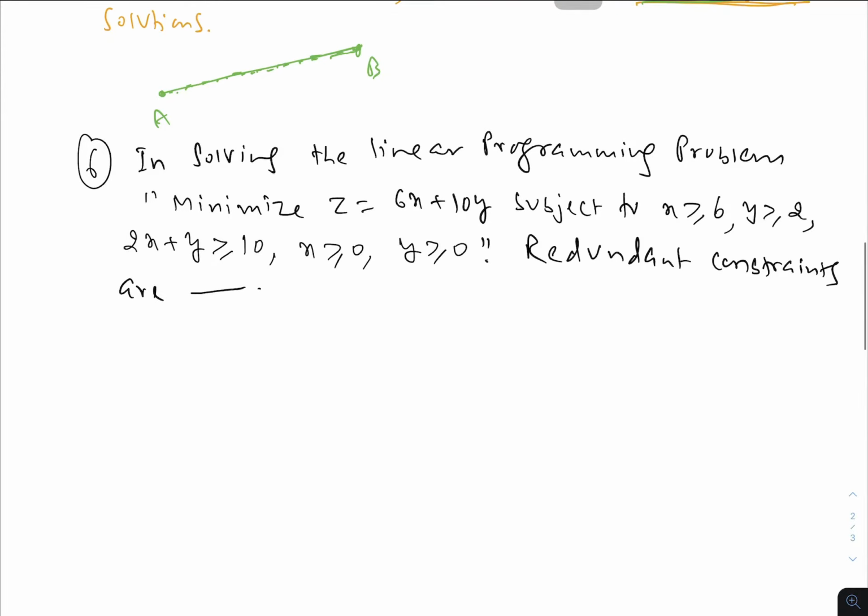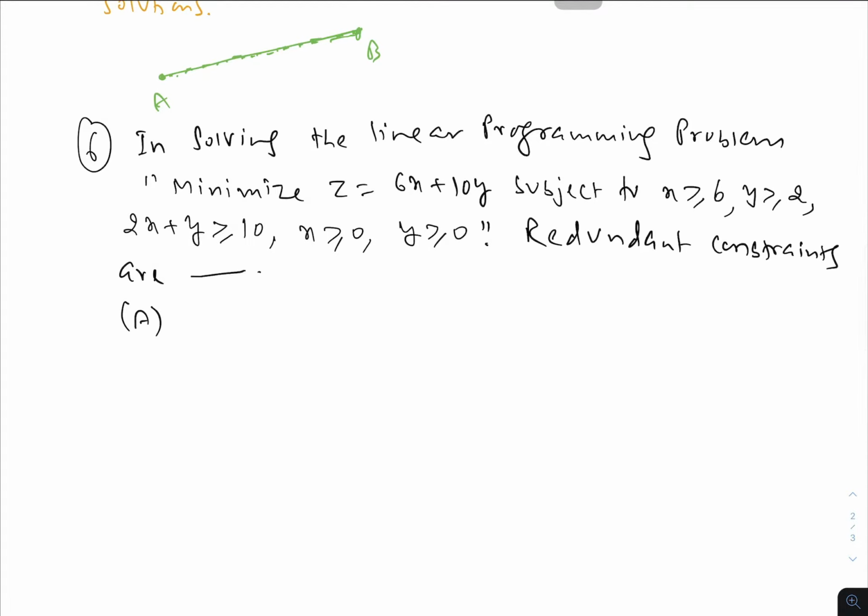Now what does it mean? It means which are the constraints not required, or if you can remove that constraint, then the problem will again remain the same. Here the options are: x greater than or equal to 6, y greater than or equal to 2.